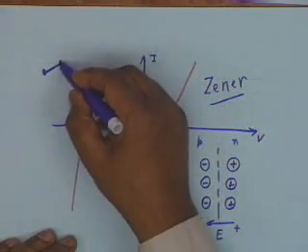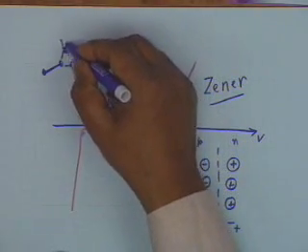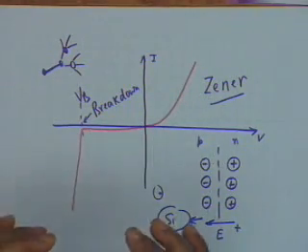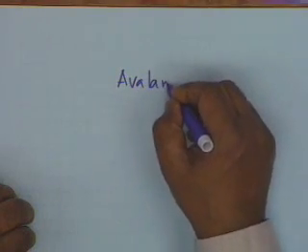This carrier, in turn, accelerates in the field and can set other electrons free from other atoms, and this builds up. This sets, let's say, 2 electrons, then these set more electrons. It is a kind of avalanche effect, and this kind of breakdown, which occurs due to collision of carriers with fixed atoms, is called avalanche breakdown.